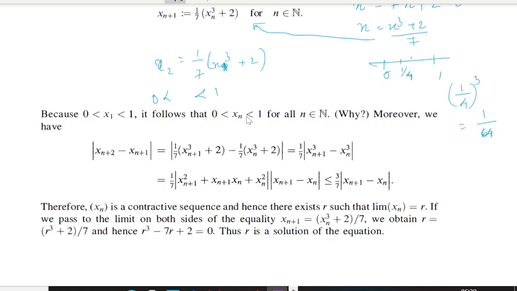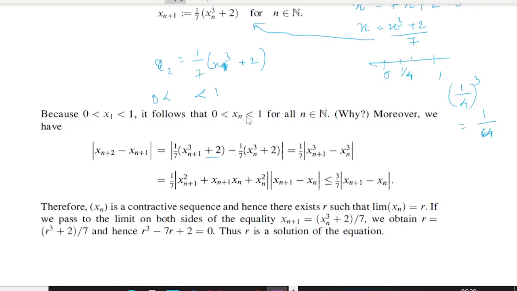Using this x_n term idea, you will substitute, and you get 1 by 7 into (x_n³ + 2). Now this will reduce to 1 by 7 into |x_{n+1}³ − x_n³|, because the plus 2 and this minus 2 will get cancelled. So the remaining value should be this.